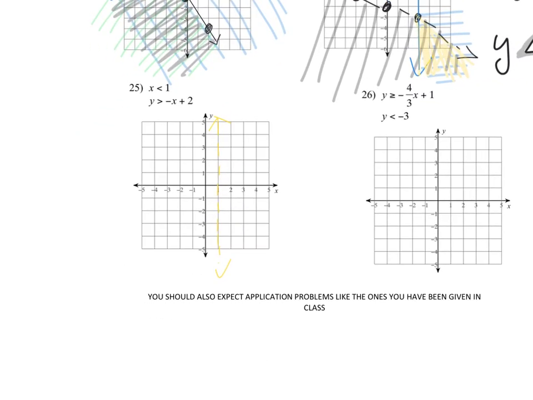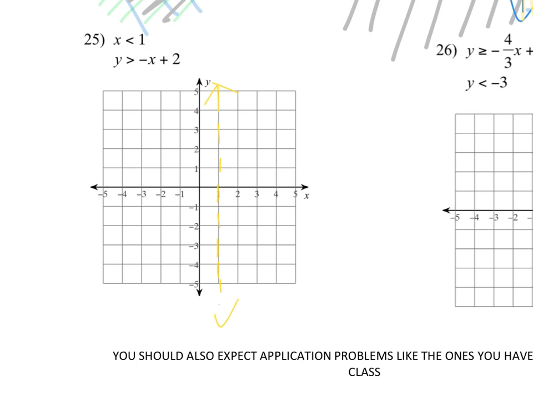I'm sorry. All right. So now I got a positive 2 where my y-intercept is. And then my slope is a negative 1, so I'm going down and over, down and over. This time I'm not going to screw up and use a solid line when I should be using a dotted one.